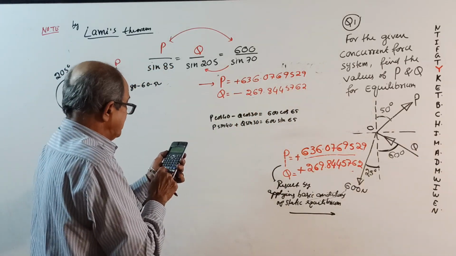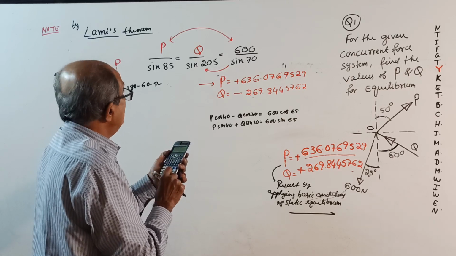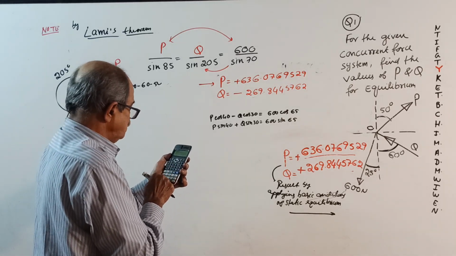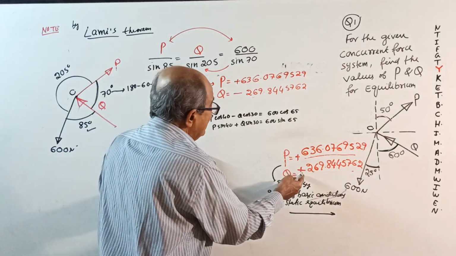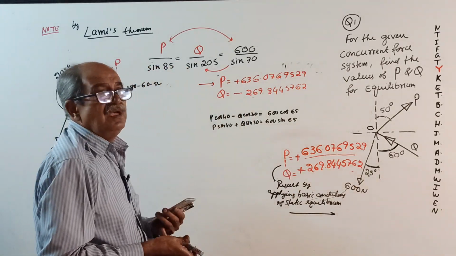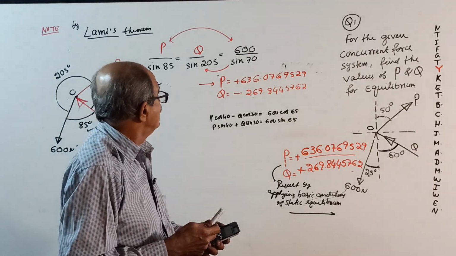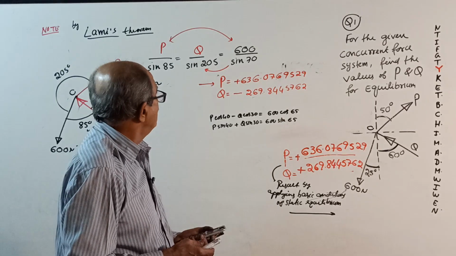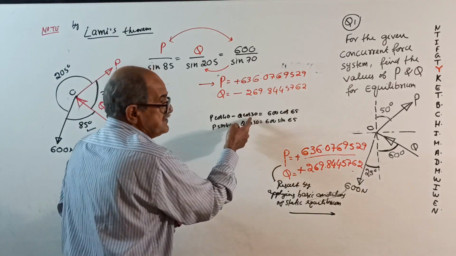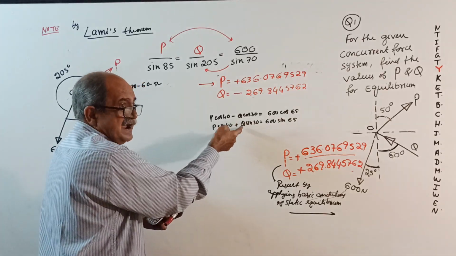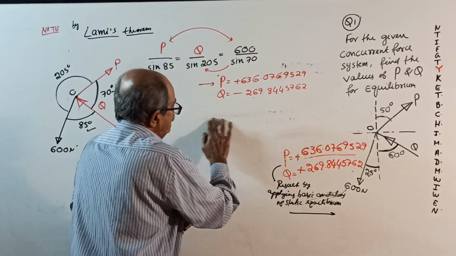Once again, let me check it. 600 divided by sine 70 into sine 205 gives minus. I am getting plus there, getting minus here. Impossible. But I have done the correct calculation. Why is it happening? First of all, I am getting puzzled now. This I checked the second time because of checking the answer. So that is not required for you, because I wrote and checked it.